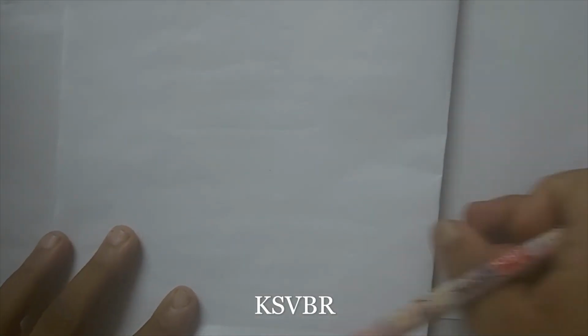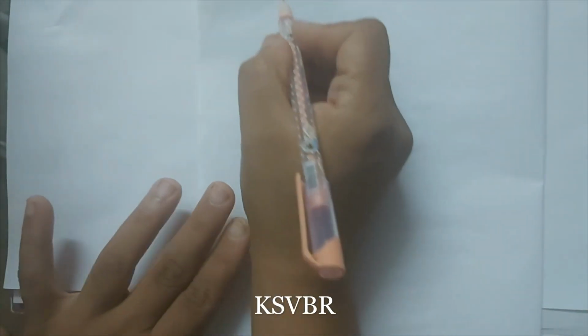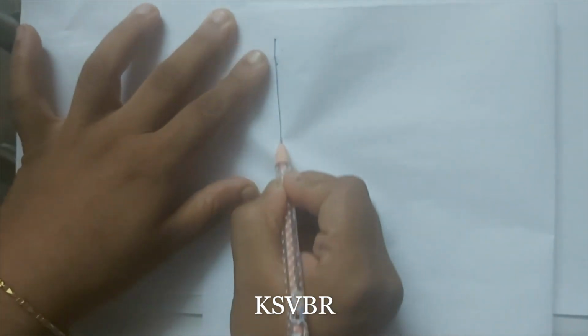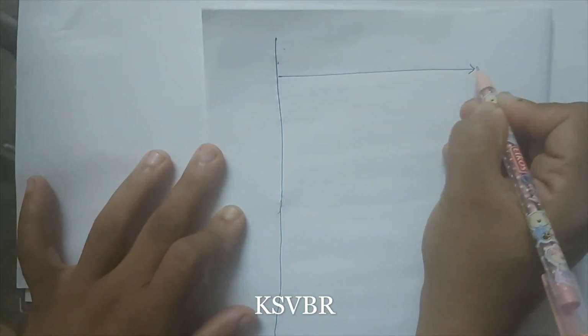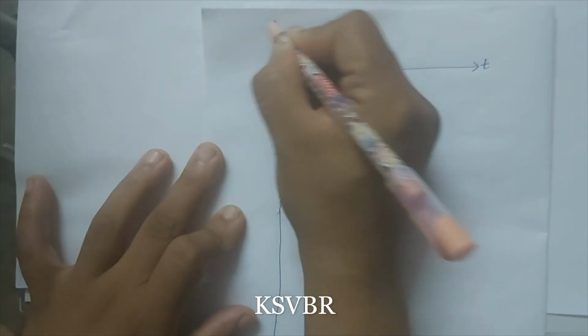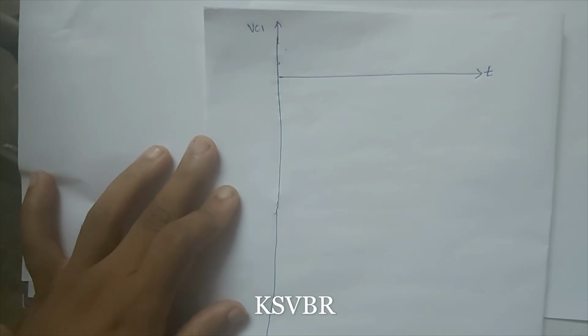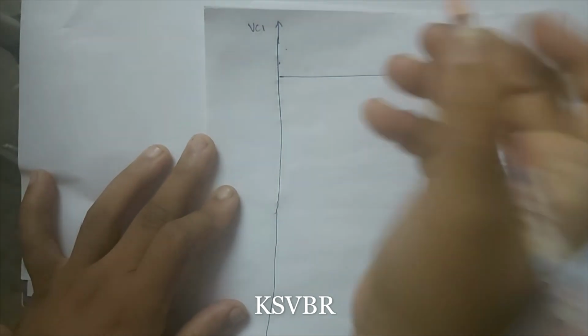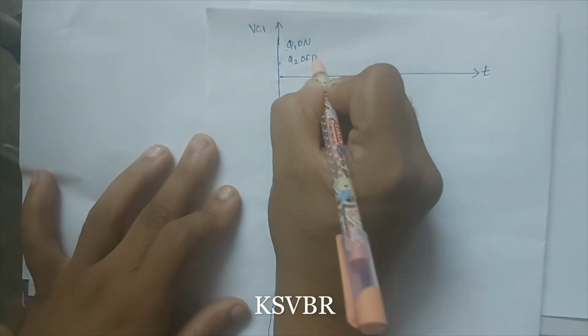Rather than seeing, we'll draw it. This is VC1. Initially, we took quasi-stable state 1 in which Q1 is on and Q2 is off.